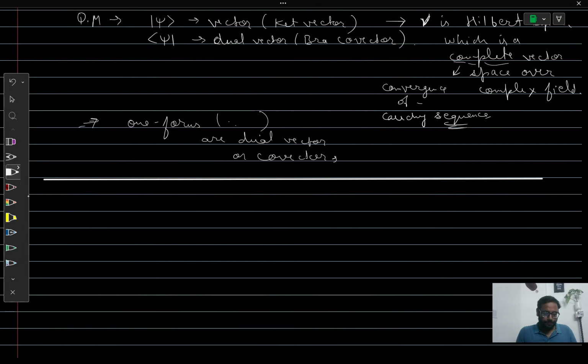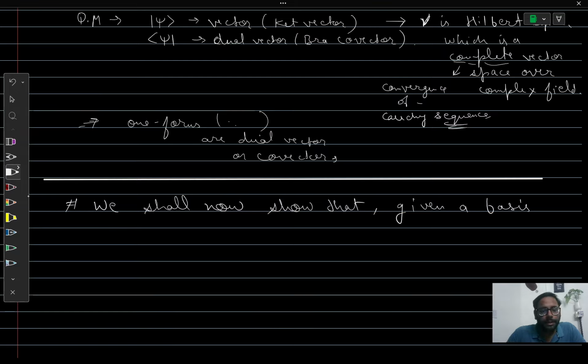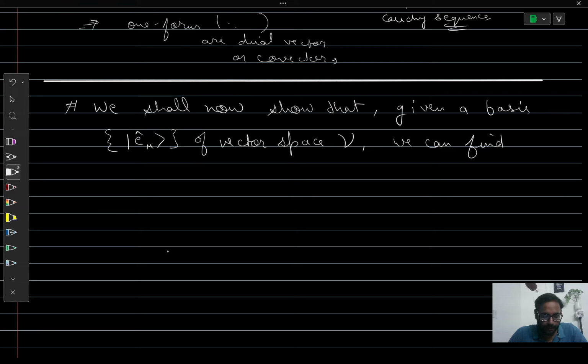Okay, so we shall now show that given a basis, that is a vector basis denoted as this, of vector space, this basis belongs to a vector space that is curly V. We can find, given a basis of vector space, a class of one forms.